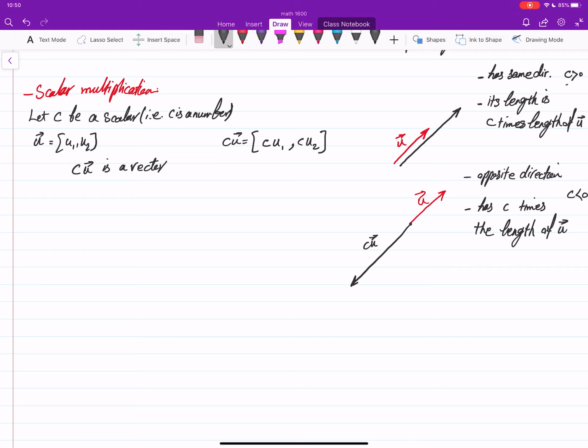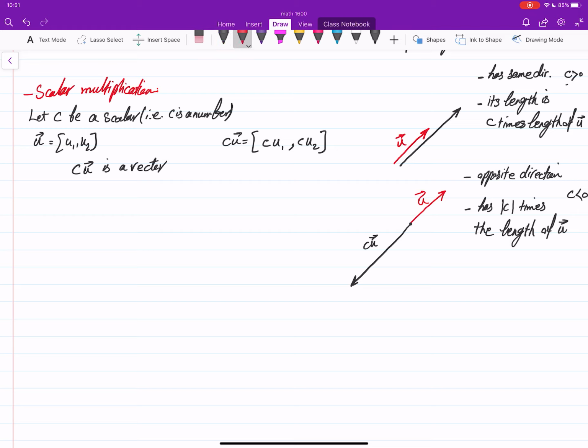But you might tell me that c is a negative number, and if you multiply a negative number by a length, you will get a negative number, and a length cannot be negative. Yes, you're right. That's why we need to put the absolute value of c. That's what the geometric picture of scalar multiplication looks like.